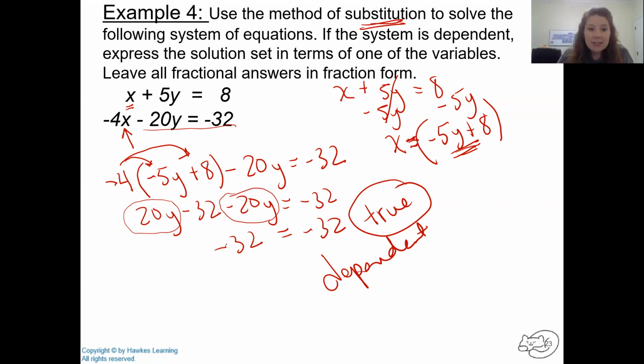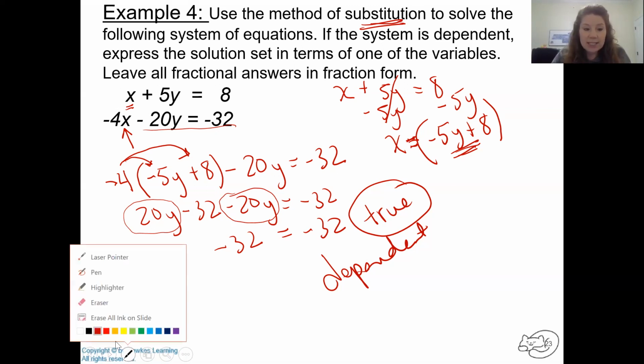Okay, now, well, that's fun. So if you end up with an incorrect statement, that's inconsistent. If you end up with a true statement and you've eliminated all of your variables, that means you have a dependent system. If not, you end up with x equals and y equals, which means that's one solution, which is consistent.